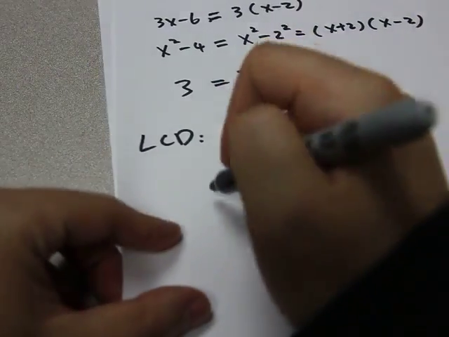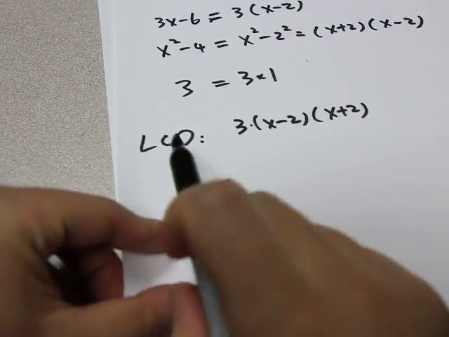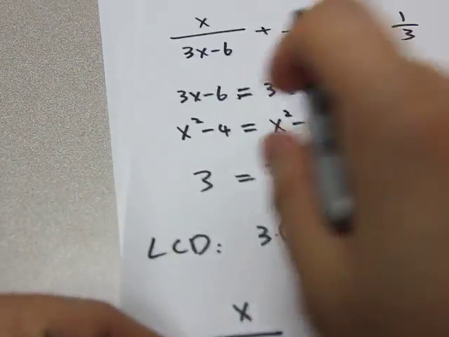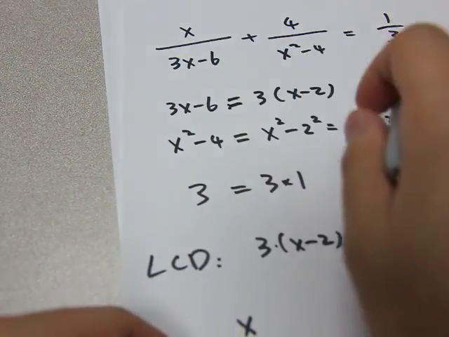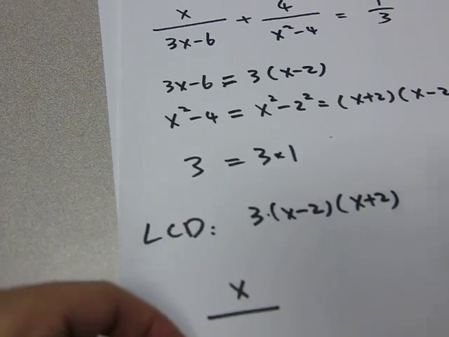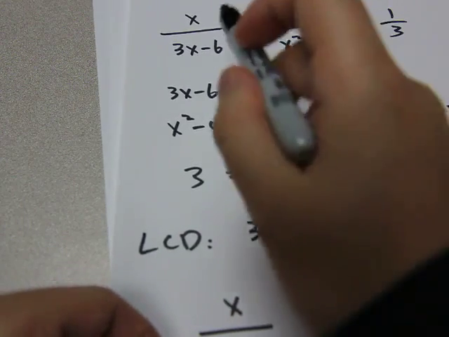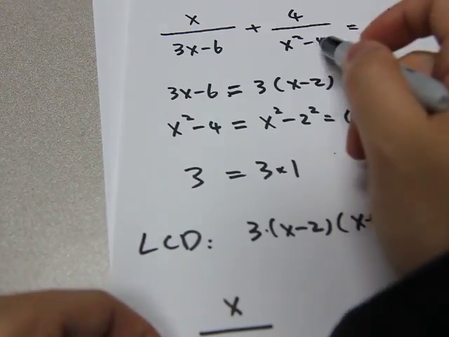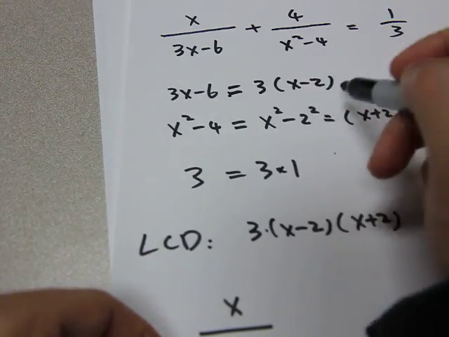And then before you multiply each side of the equation by the least common denominator, I would recommend you to go ahead and rewrite the denominators into the factored form.